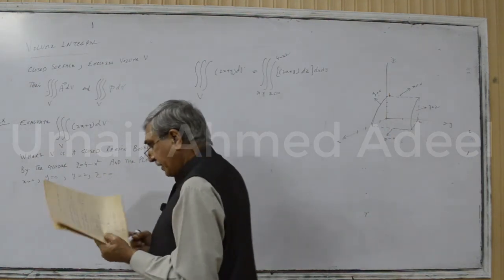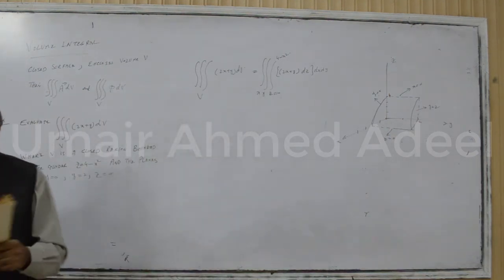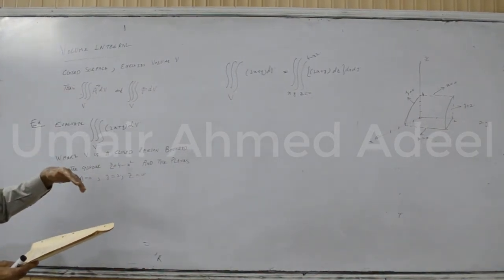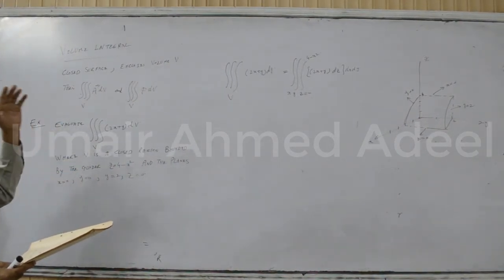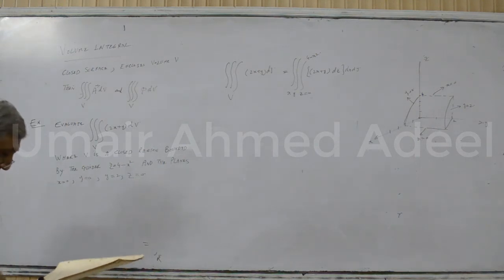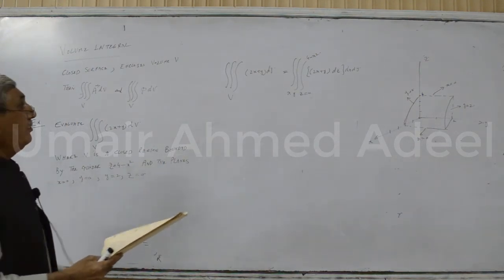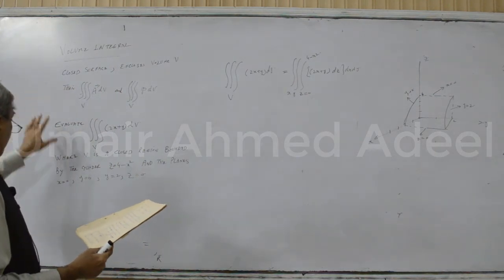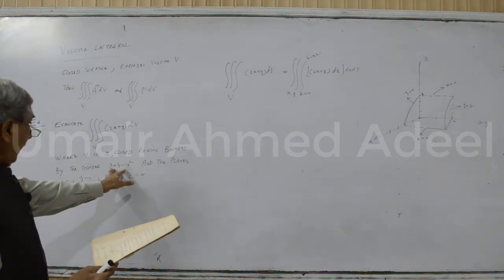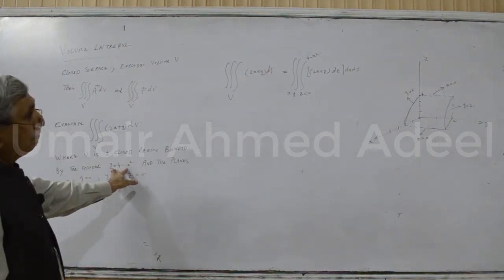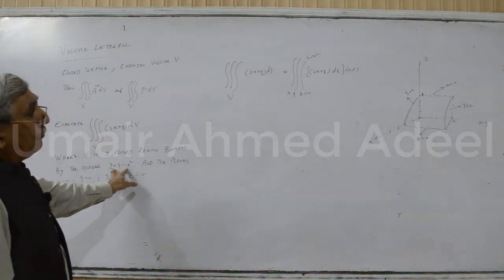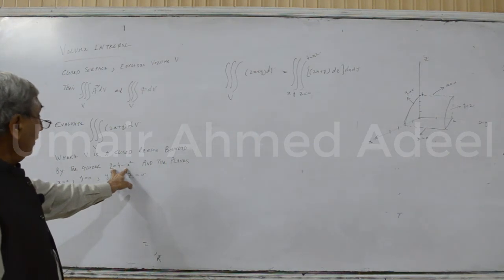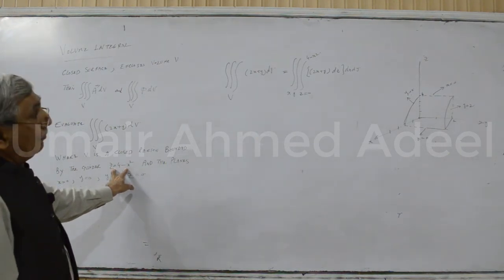Now let me explain. There is some point to explain here. There are three integrals involved, one along the x-axis, one along the y-axis, and the third one along the z-axis. There is a functional relationship between x and z only. There is no functional relationship between x and y or z and y.